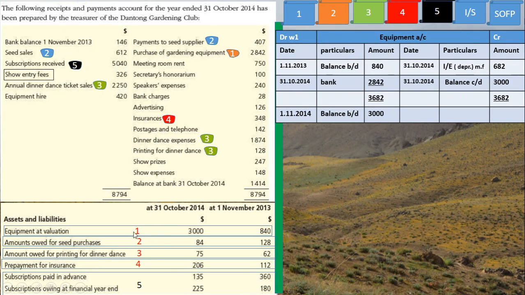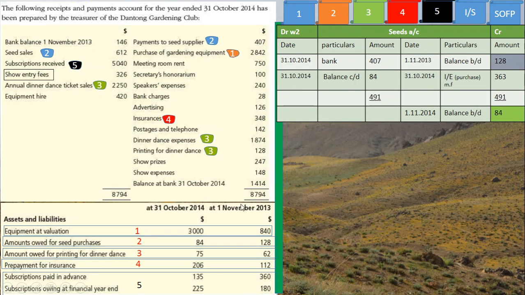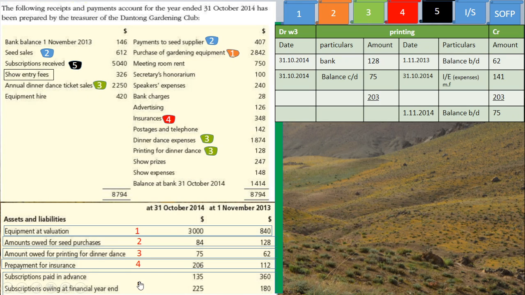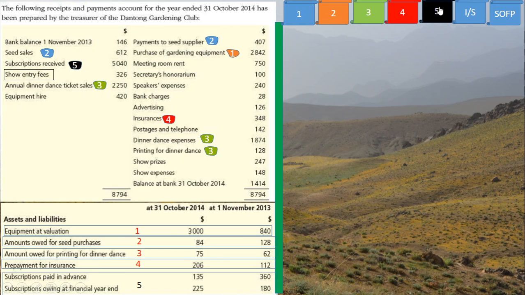We made it this way using all the data related to 1. Same way, when we made the seed account, we looked at all the information related to number 2. Number 3, printing account: we compiled all the data related to number 3 and then made the printing account. Same way we made the insurance account, and same way we made the subscription account.